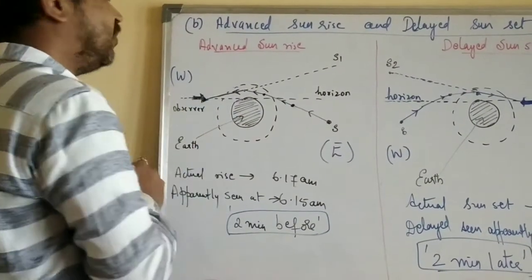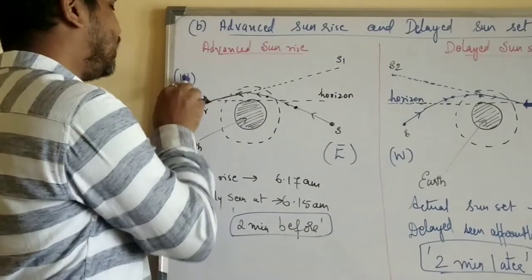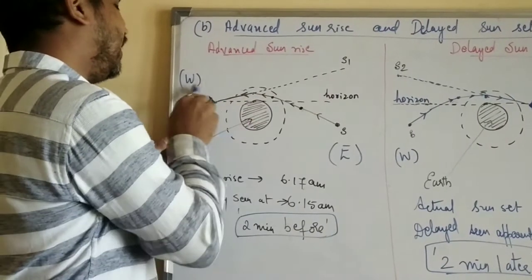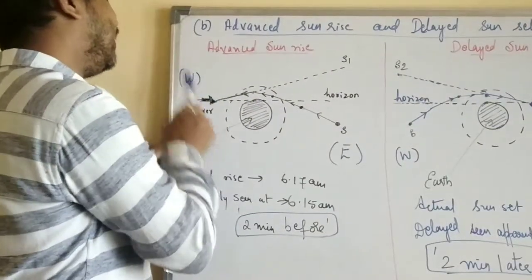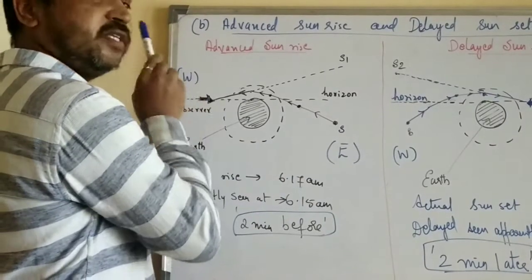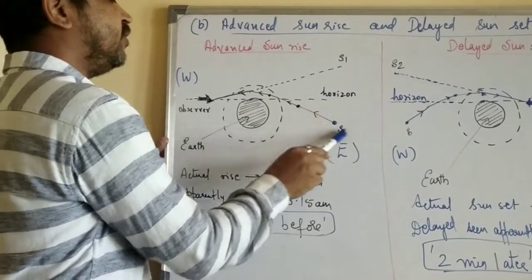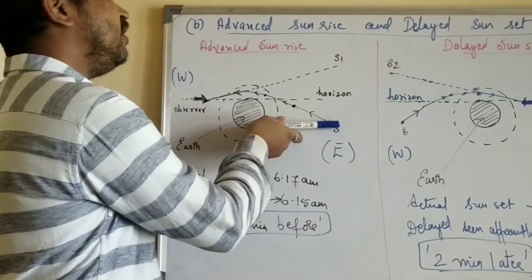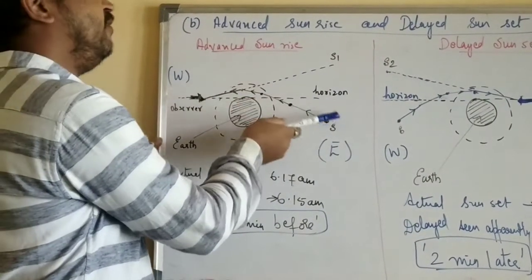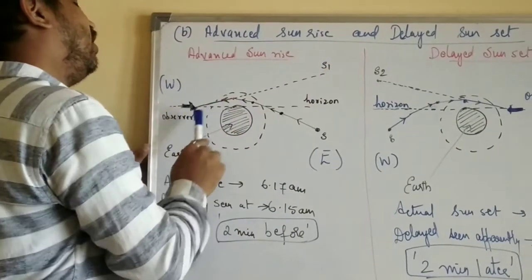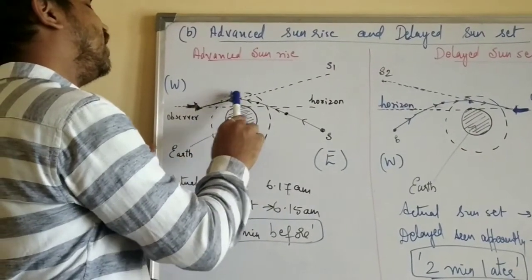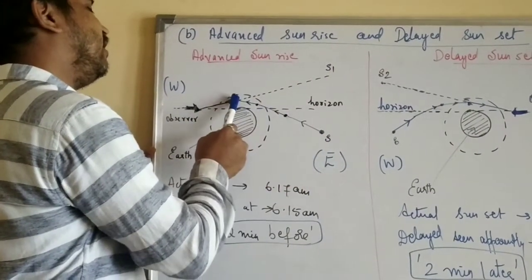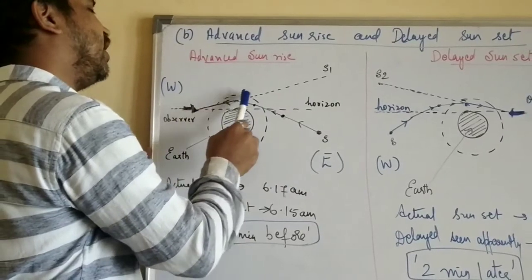seen by the observer. But this observer who is looking at exactly or near the horizon is not seeing the sun at exactly this point, and he is seeing the sun well in advance at this position. How? Now you just produce the line backwards. The refracted ray, when it ultimately reaches the observer, just produce the line backwards.